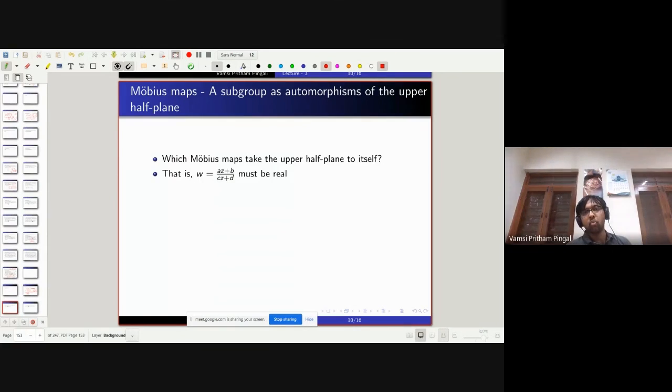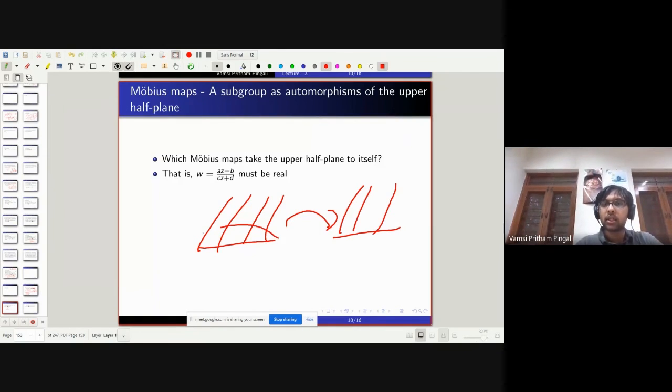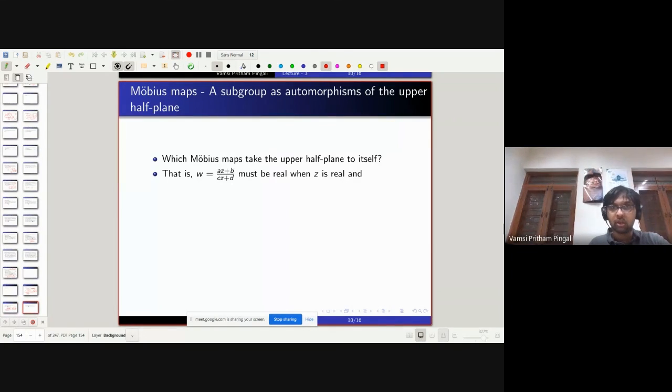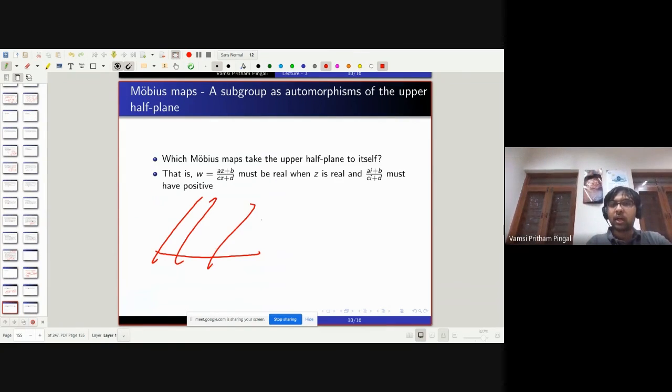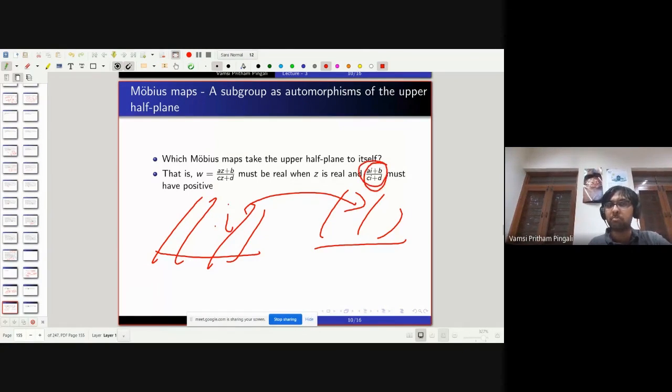So when does a Mobius map take the upper half plane to itself? In particular, it ought to take the real axis to the real axis. In other words, (az+b)/(cz+d) must be real when z is real. And if I take this point i, that should go somewhere in the upper half plane, which means its imaginary part must be positive.